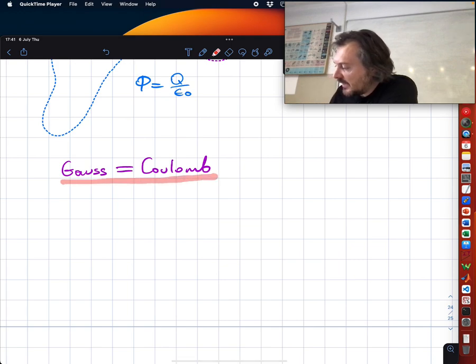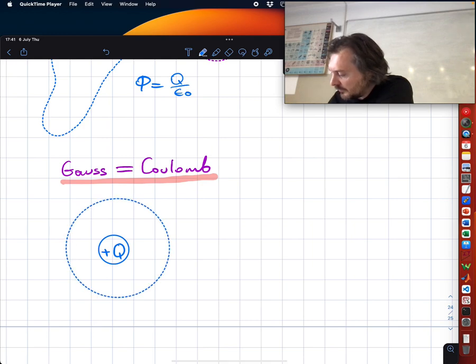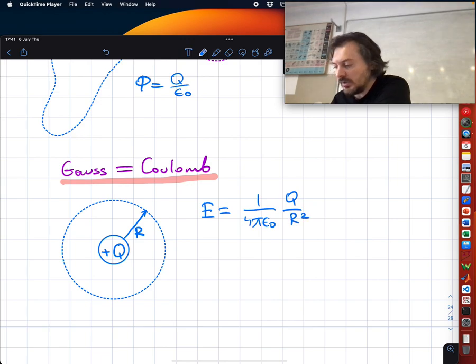Because we can actually derive, so we derived the electric field at a distance from a charge plus Q. Let's say there's a plus Q here, and at some distance over here, let me call this R. At some distance, E would be 1 over 4 pi epsilon 0 Q over R squared, right? We know this from Coulomb. That's Coulomb.